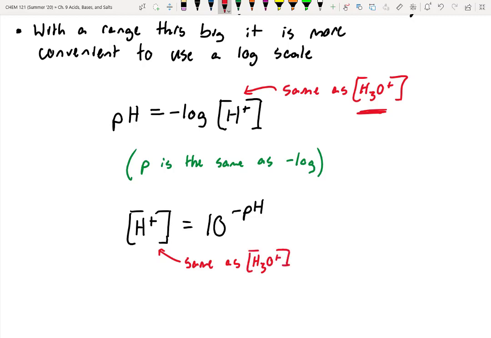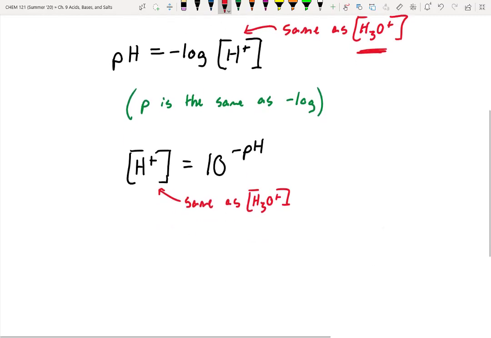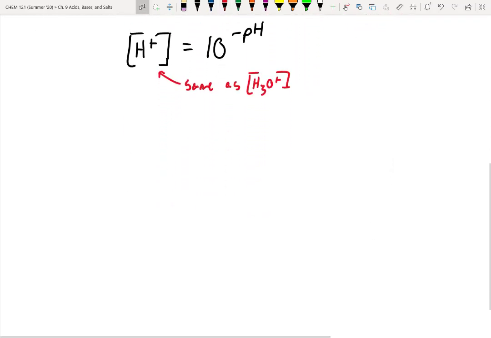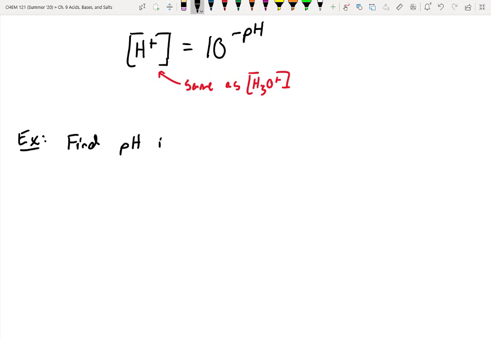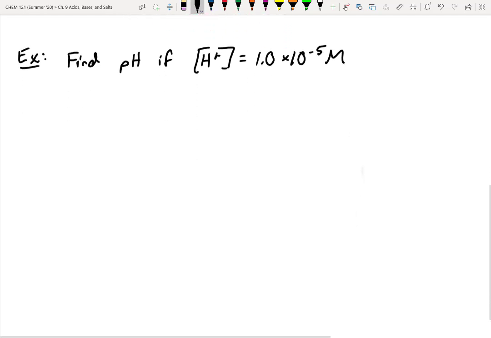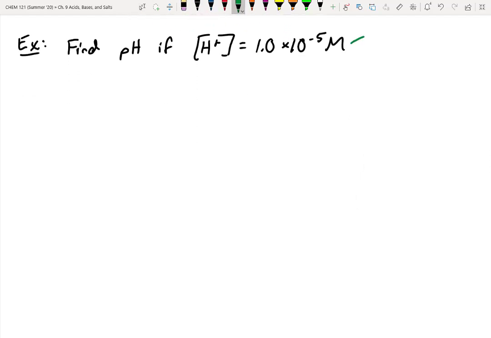All right. So let's do a few sample calculations and try working with these new math formulas that we have, okay? So I'll just do a few situations from the book. So find the pH if the concentration of H+ is equal to 1.0 times 10 to the negative 5th molar, right? So molar, if you remember, is the same thing as moles per liter.